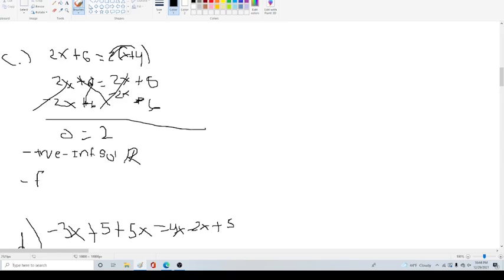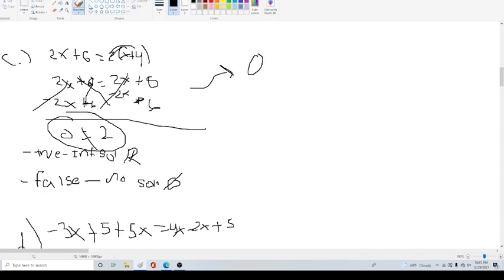So if it's false, we get the empty set, no solution. We get no solutions in our set. This statement is false: 0 is not equal to 2. So, therefore, we get no solution.